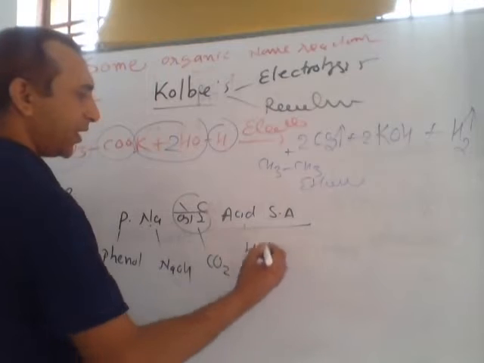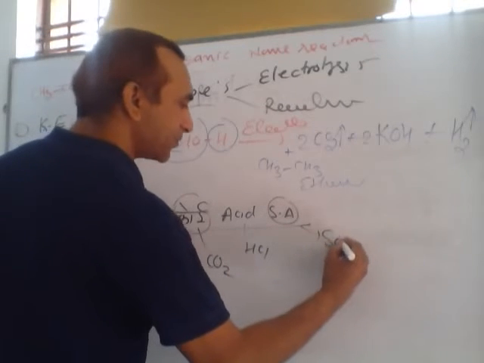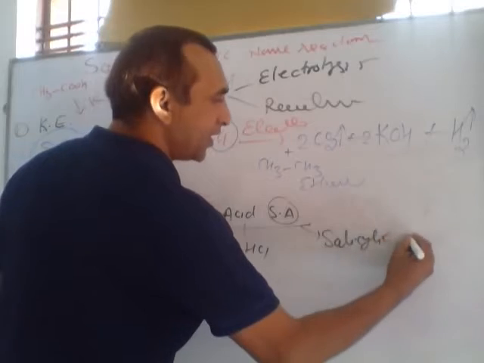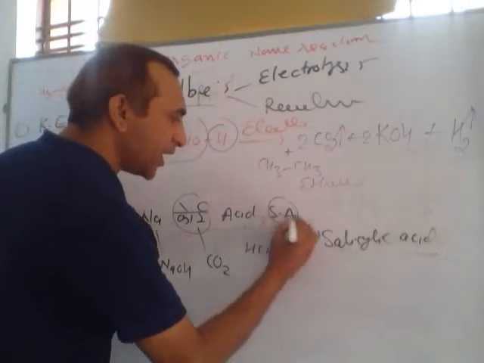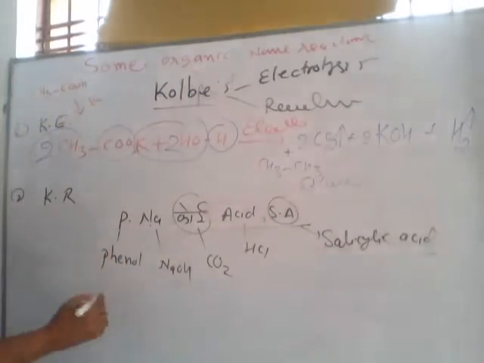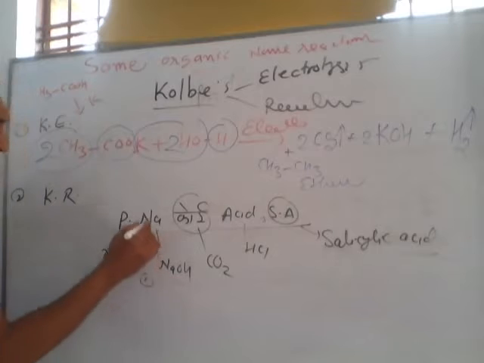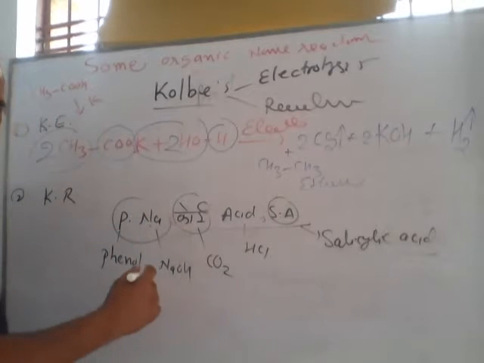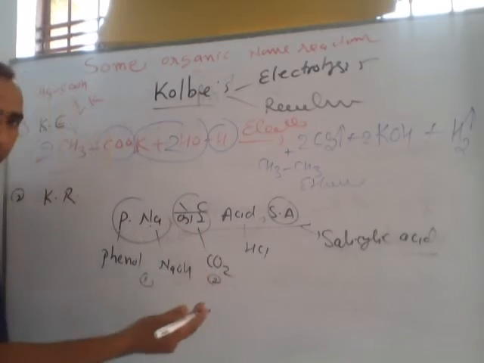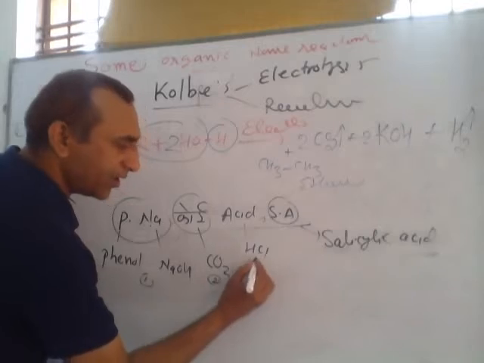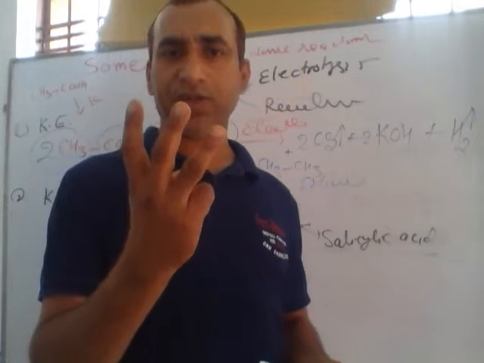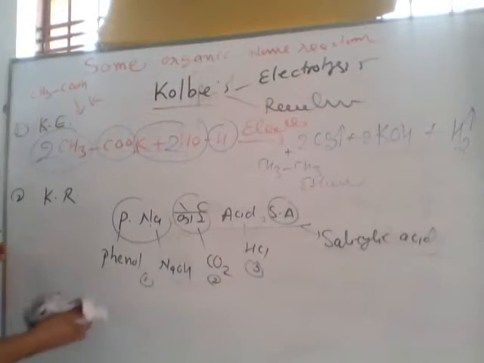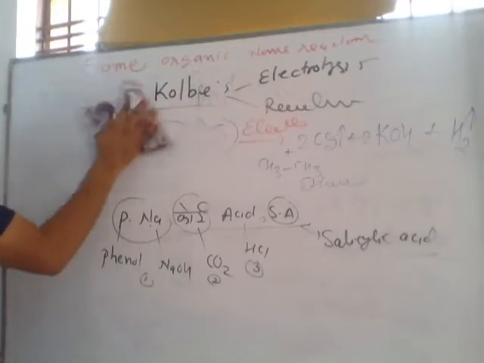Acid means HCl and Sa is simply salicylic acid. So how can you remember this? This is the acid product. First phenol and NaOH react. This is the first reaction. Second, CO2 reacts with the product formed, and after HCl reacts, salicylic acid will form. It means in the Kolbe reaction there are 3 steps.